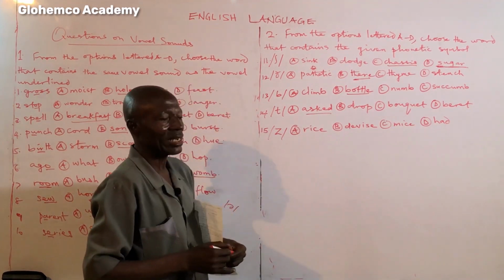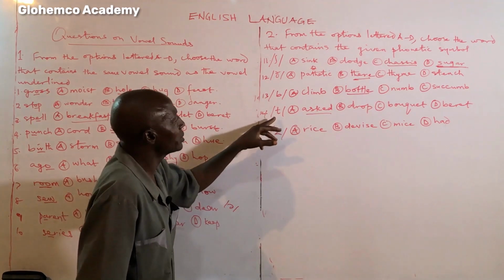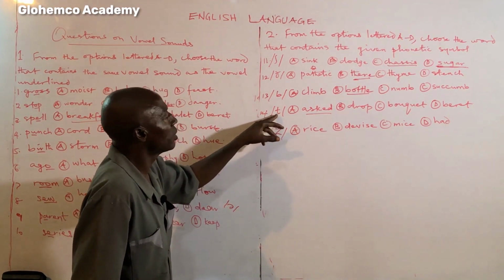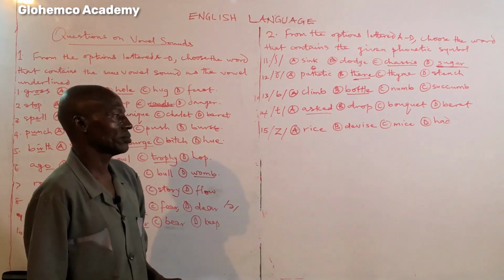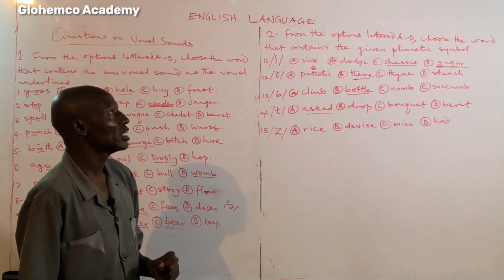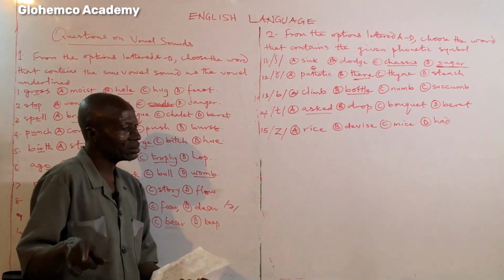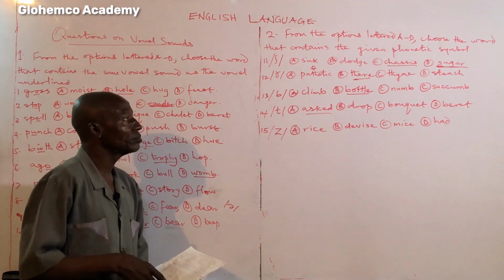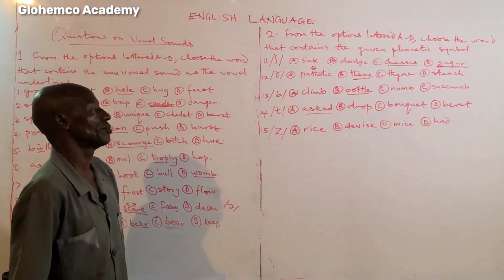I said it yesterday, and I still want to repeat it. When you have a voiceless consonant sound, that's a consonant sound that is not voiced, and it is expressed in the past tense, it has ed. That ed is t all over the world.